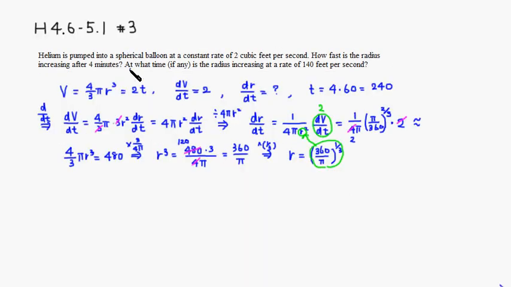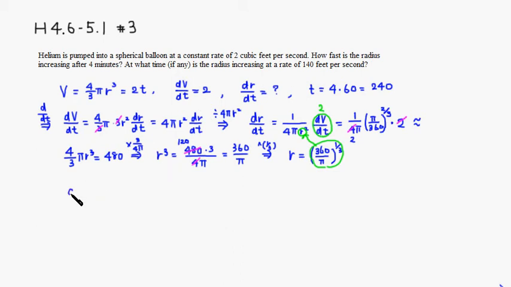All right, so let's finish the second part. It says, at what time is the radius increasing at the rate of 140 feet per second, right? So dr over dt, which we found, where is it? Right here. So dr over dt, we want this value to be 140, right?